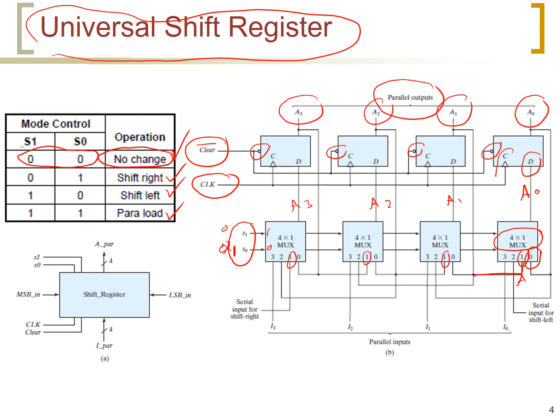So this is A1. And the 1 input here comes from A2, and this comes from A3, and this comes from serial input for shift right. So the output of the multiplexers will be, this will be A1, and this will be A2, and this is A3, and this is serial input for shift right.